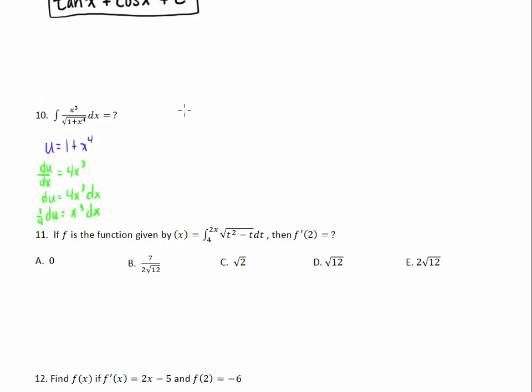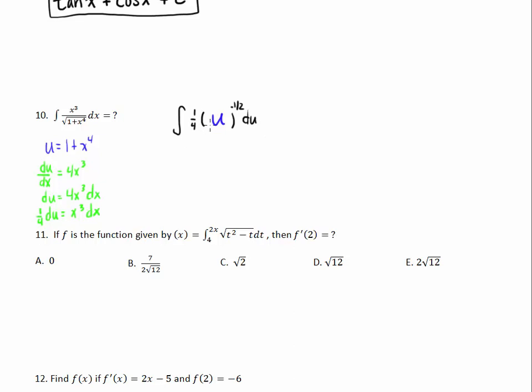So what we really have here is we use substitution, we've got 1/4 du. And this right here, the square root sign, this is a power of 1/2, and since it's on the bottom, I'm going to move it up to the top. So we're going to have a negative 1/2 power right here. And then on the inside of that is my u. And so there is our u substitution now.